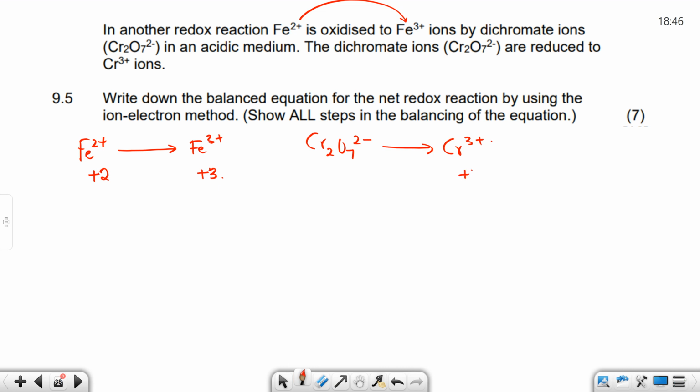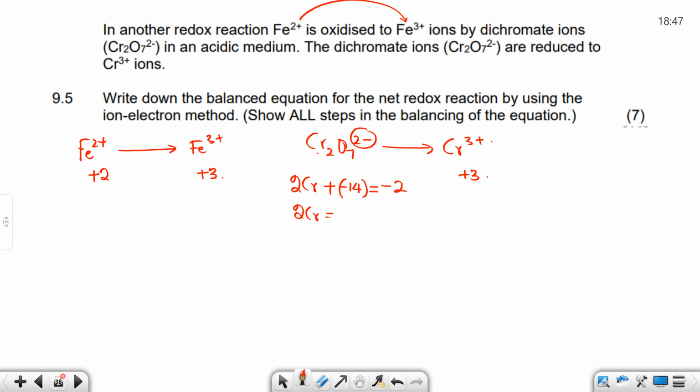Check. My oxidation number here is, guys, I want us to calculate the oxidation number of Cr here. How do we do it? There are 2 of them there, right? So I'll say 2Cr plus, oxygen is what? Negative 2 always, but there are 7 of them, which means negative what? 14. And this should be equal to what? Negative 2.